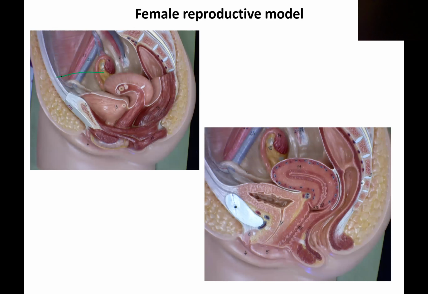You have the ovaries. Ovaries, their functions are oogenesis and secretion of estrogens and progesterones.